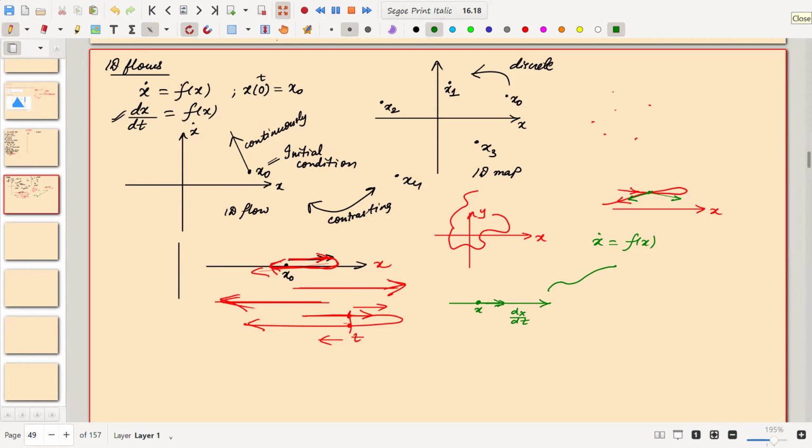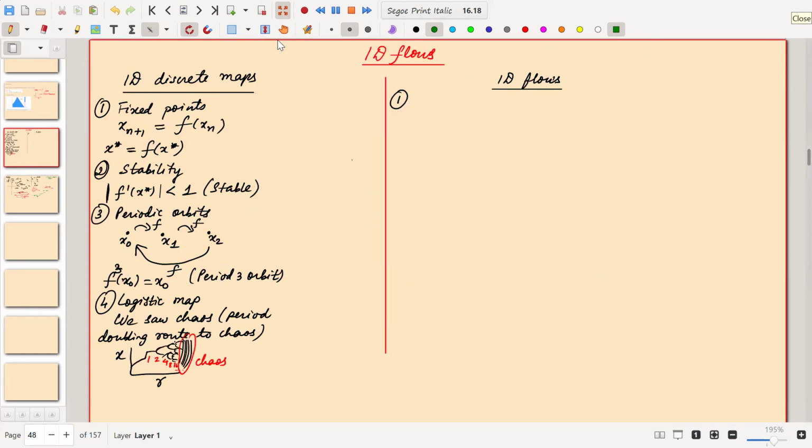Anyway, so one of the limitations of 1D flows is that they cannot exhibit chaos. Due to the restricted movement, it cannot exhibit chaos, because chaos is very sensitive to initial conditions and you cannot predict chaotic signals, right? So a 1D map can show chaos, whereas this one cannot.